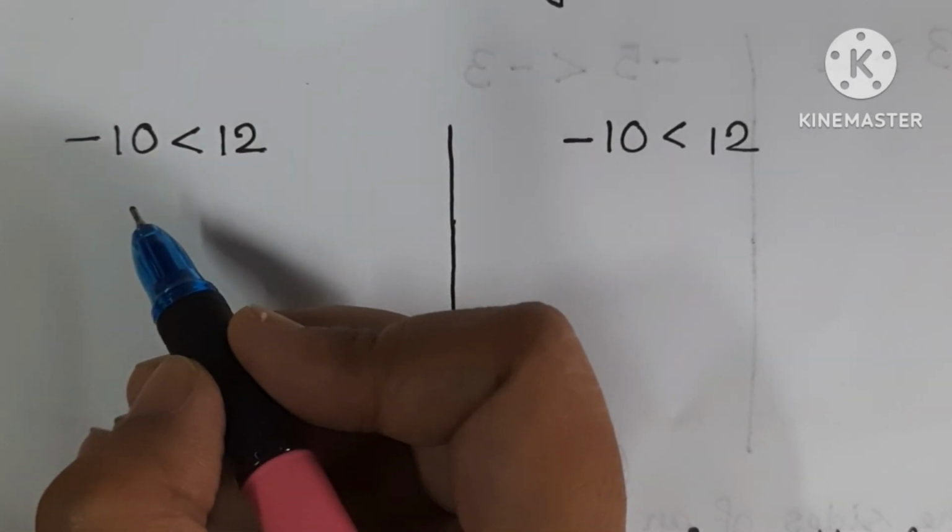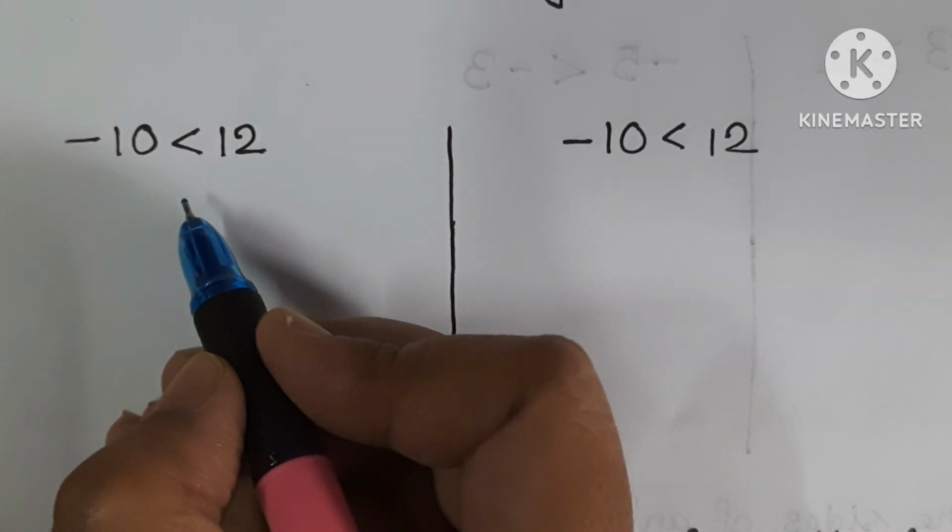Now take this inequation, minus 10 less than 12.